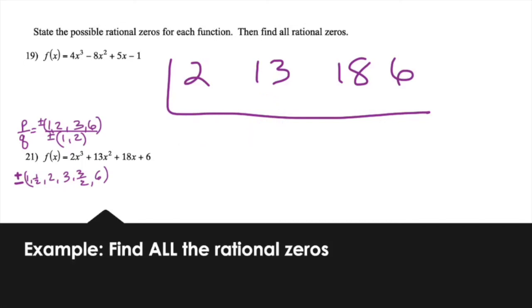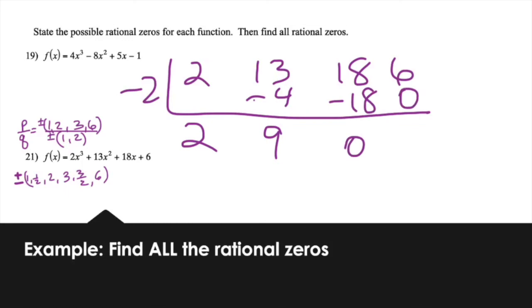So what do you want to try now? Maybe 2, because those fractions are not something that I might want to try. Bring down the 2. That'll be negative 4, which is going to be 9. Multiply will be negative 18, which still will not give us a 0.